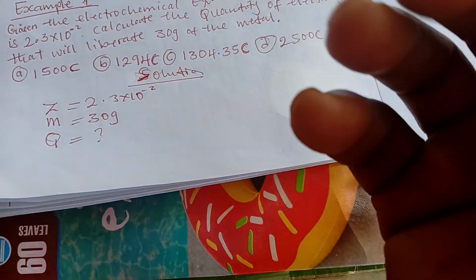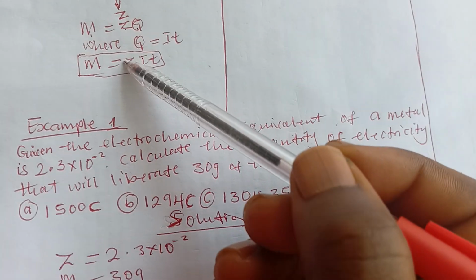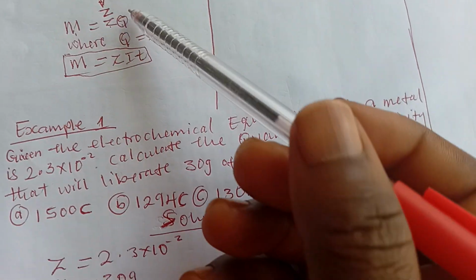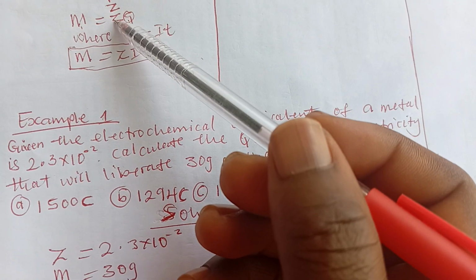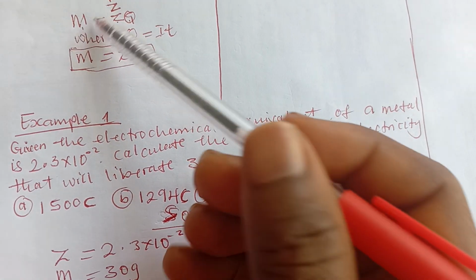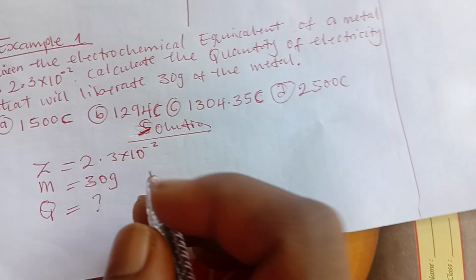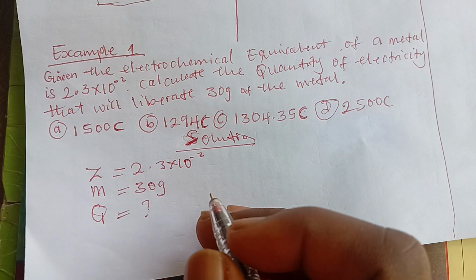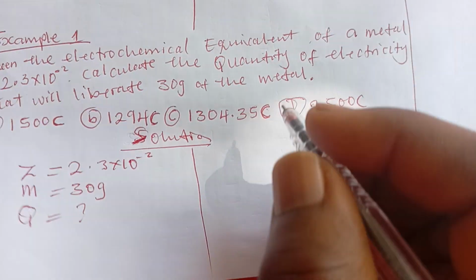So we cannot use this particular formula. We can't use it. But rather, we can use this, because we have the electrochemical equivalent, and we have the mass. So these are the ones we are going to consider now. Having said that, the next thing we are going to do is, let me demarcate this one here.